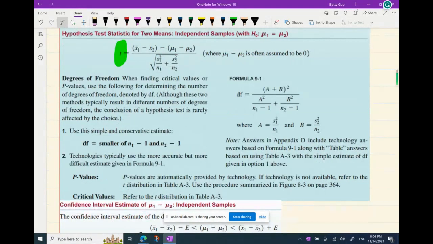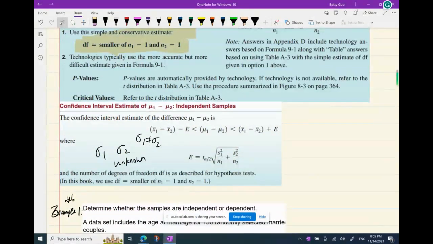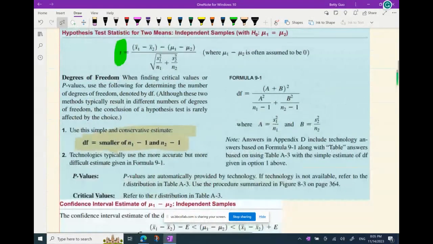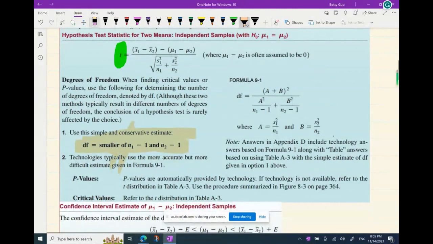An easier way to find the degrees of freedom is the smaller of n sub 1 minus 1 and n sub 2 minus 1. I remember there's a more complicated case, but that's enough for us. All we need to know is that this is a t-test, and how to find the degrees of freedom.